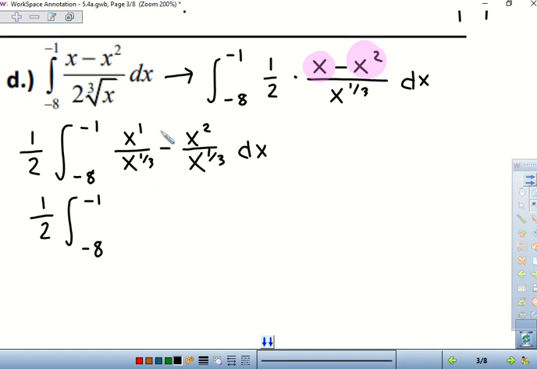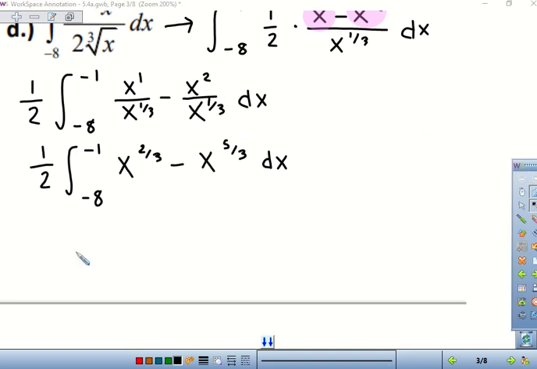You subtract. 1 minus 1/3 is what? 2/3. 2 minus 1/3 is 5/3, right? Do you all agree with that? Okay. Because that's like 3 over 3 and then 6/3. Now from here, we're going to take the antiderivative.